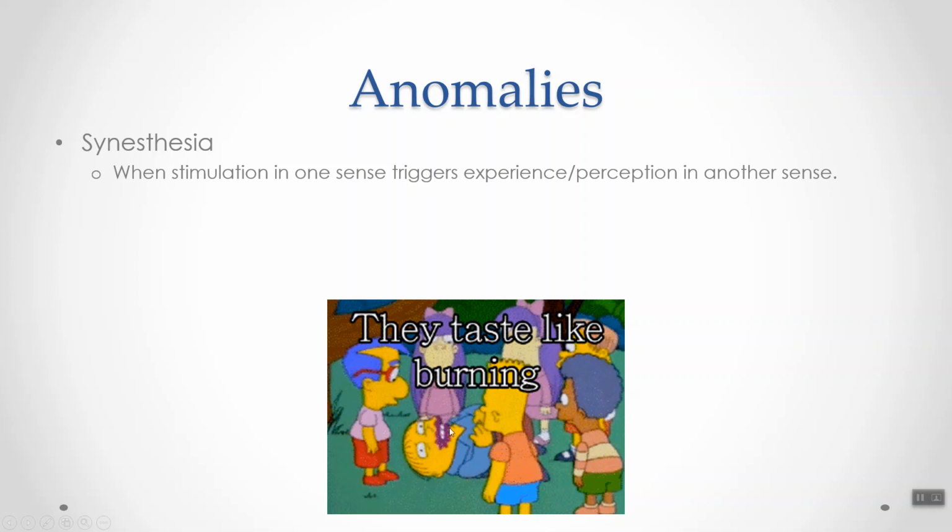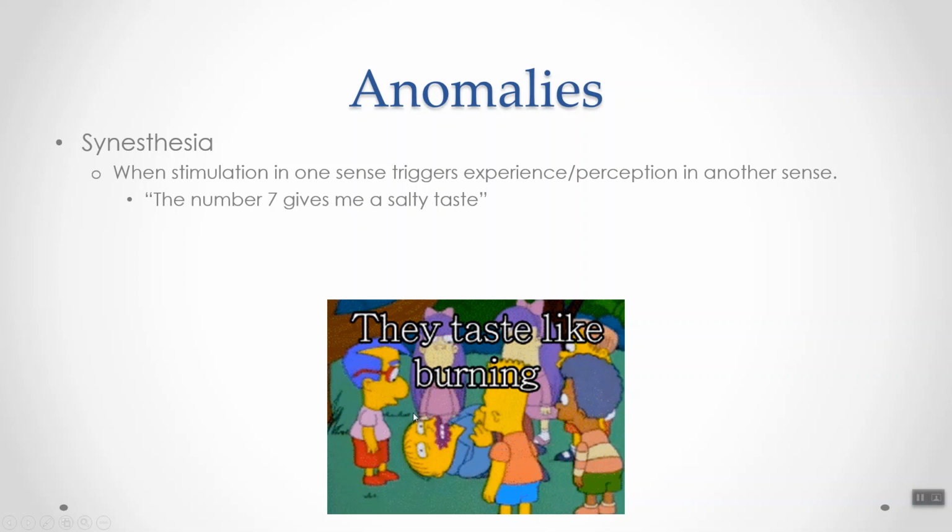Okay, this isn't like when you're eating a jalapeno. What I mean is, let's say you're supposed to bite into something that's innocuous, like a pickle, and it doesn't burn, right? It's not supposed to be hot or anything. When you taste it, it might trigger the sense of a color. So instead of tasting something, you might see the color yellow. Okay, that's what synesthesia is all about, right?